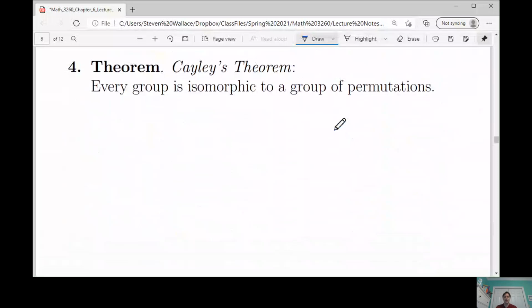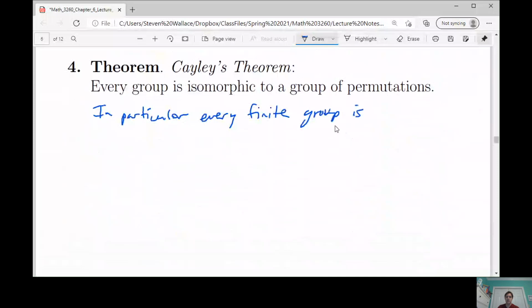Okay, Cayley's theorem basically states that every group is essentially a group of permutations. In particular, every finite group is isomorphic to a subgroup of Sn for some n.